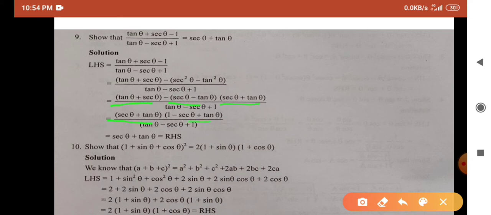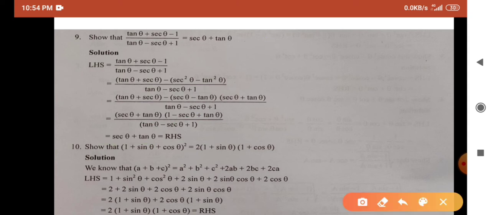Denominator as it is. Now here 1 minus sec theta tan theta gets cancelled. Remaining sec theta plus tan theta, which is nothing but our RHS. Got it? Next example, we move to the next one.